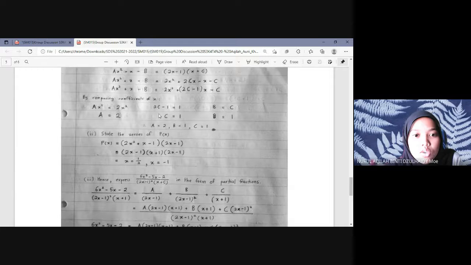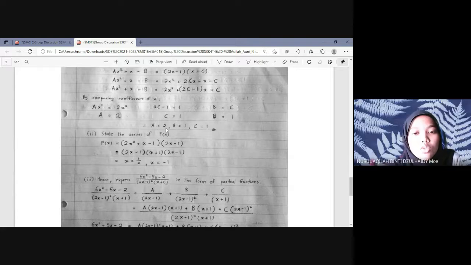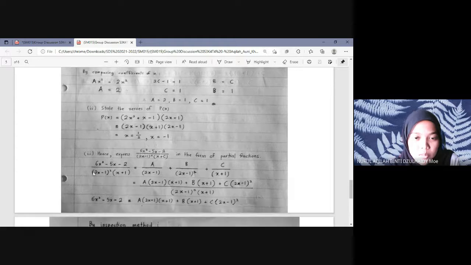Then I compare it with b here, so b equals c, which is 1, so b equals 1 also. So I got the values of the three constants, which is a equals 2, b equals 1, and c equals 1.